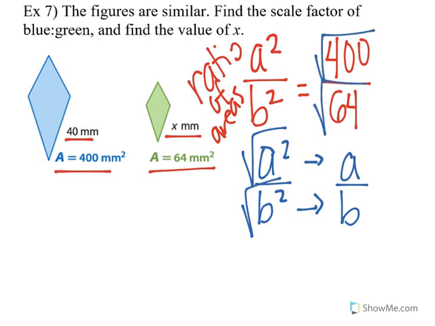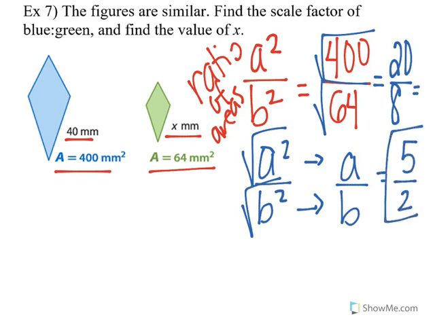The square root of 400 is 20, the square root of 64 is 8, and in the end, this reduces to my scale factor of 5/2. Okay, and I went from blue to green because I put the area of blue on top. So again, my ratio of my areas is my scale factor squared.